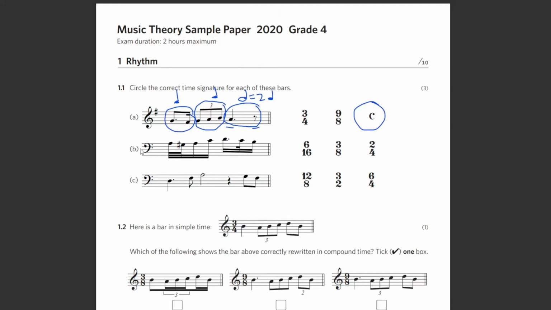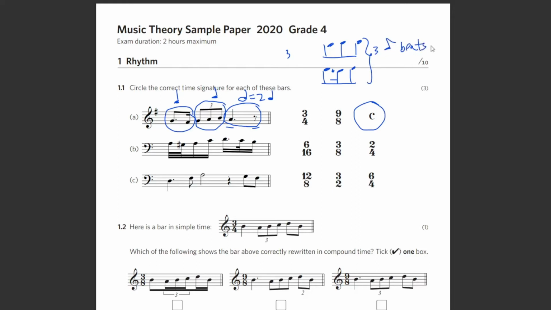Next, let's move on to B. When I see this, it's very likely that it is grouped in threes. If you recall seeing something like this or this, they are basically equal to 3 quaver beats.